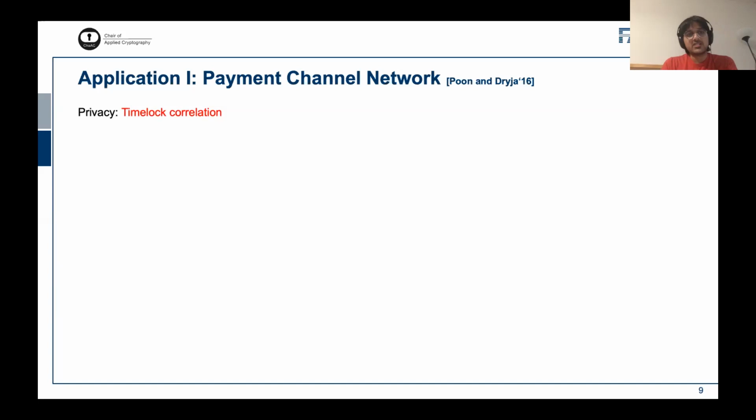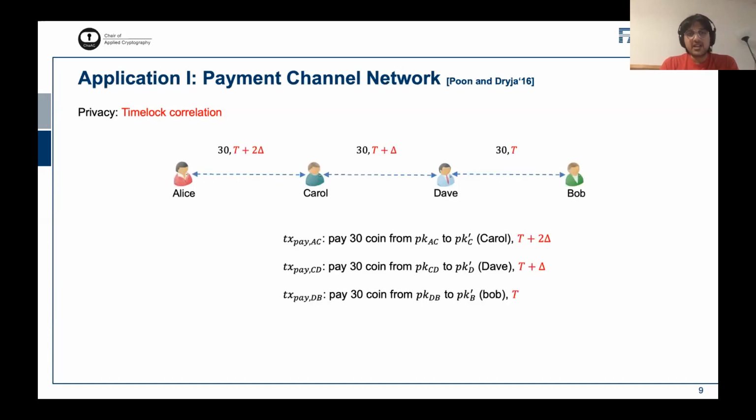All right, this all seems good, but if you look closely, there's something called a time lock correlation. Namely, these time lock values are set up in a delta increasing fashion, and this causes a correlation on chain, right?